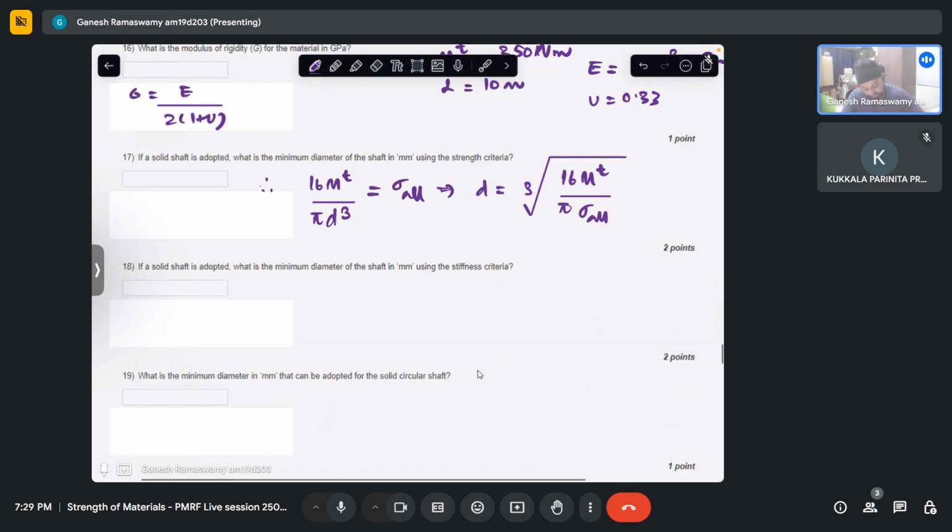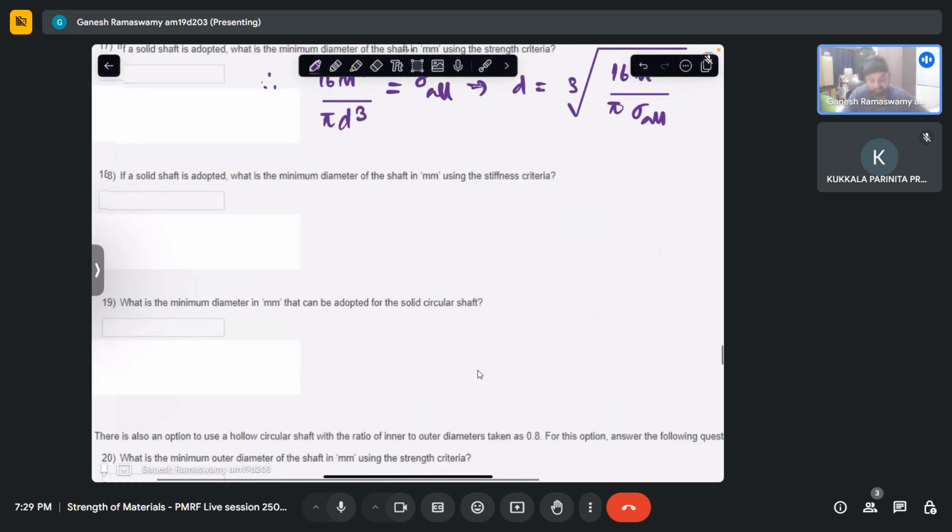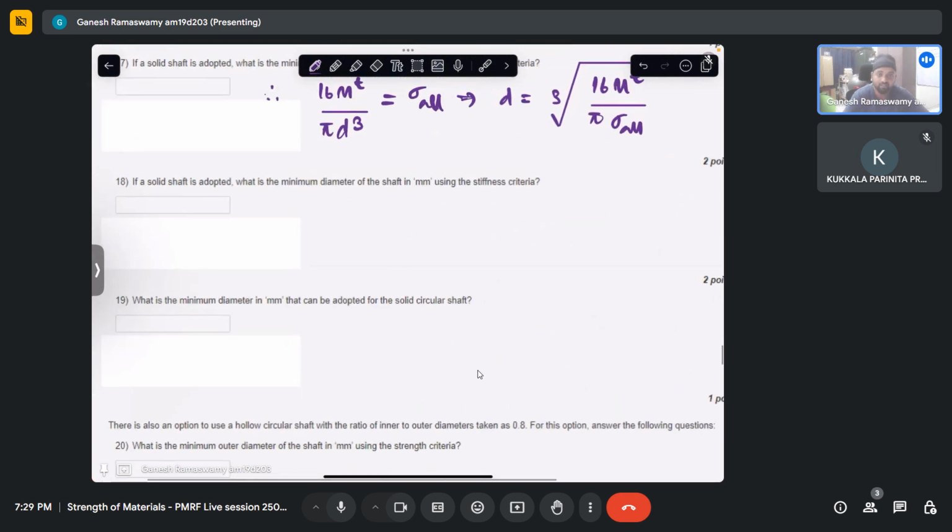Similarly, for the next part, it says first from stiffness criteria. What is stiffness? What is the rotation twist of a shaft? It is mtl by g ip, and this should be less than equal to phi max, which is 1 degree.